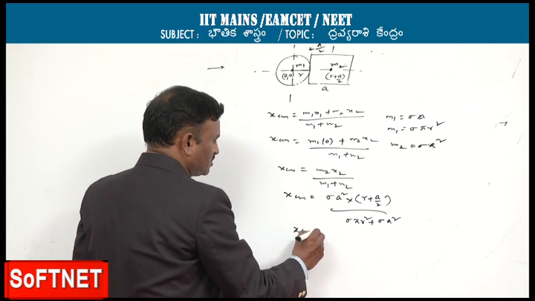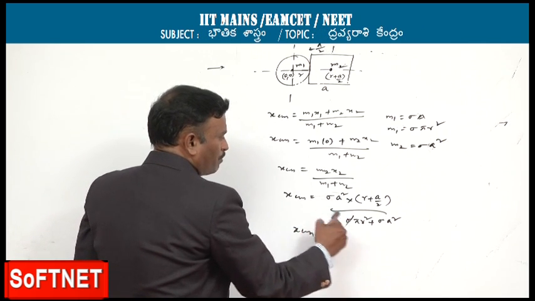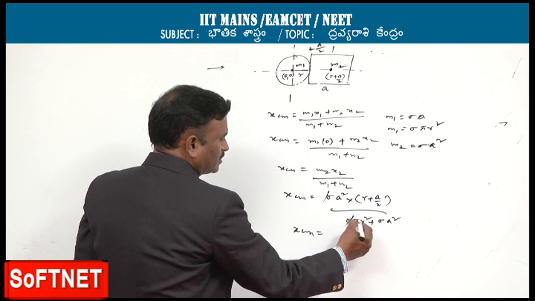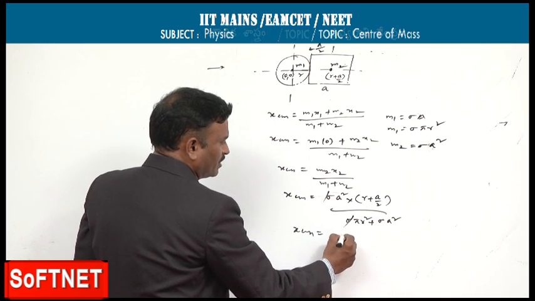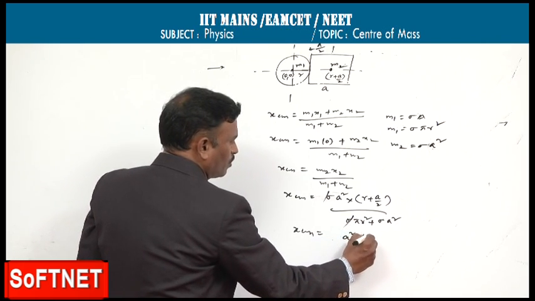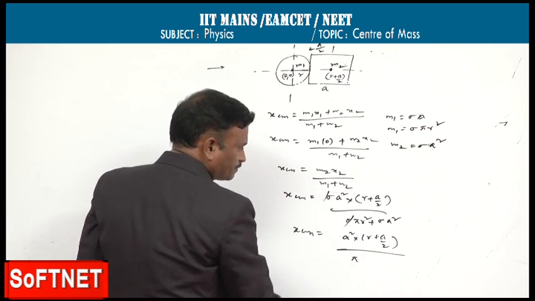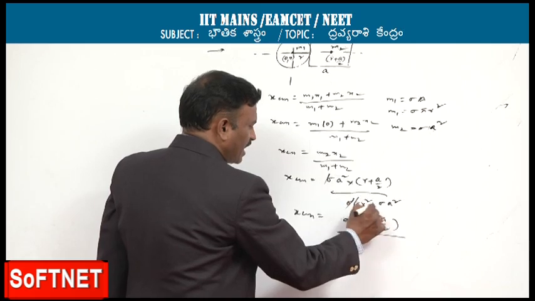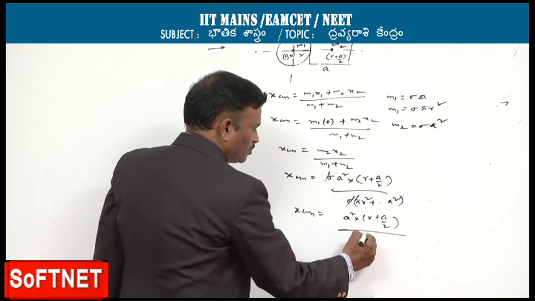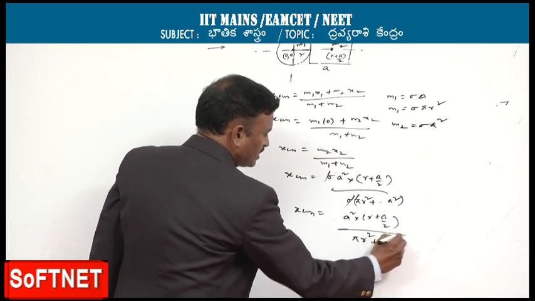So xcm is equal to, sigma will get cancelled here, a square into r plus a by 2, whole by pi r square plus a square.